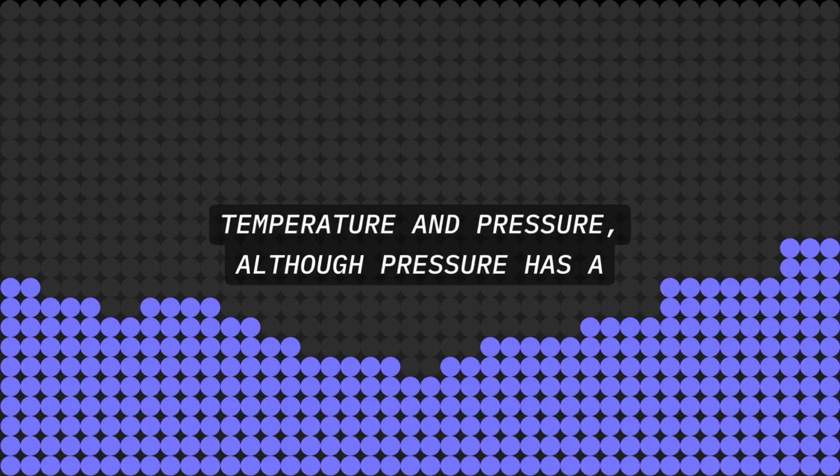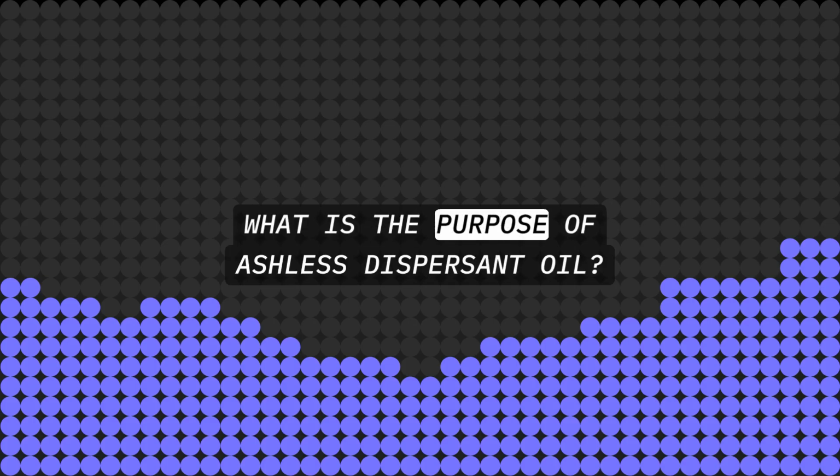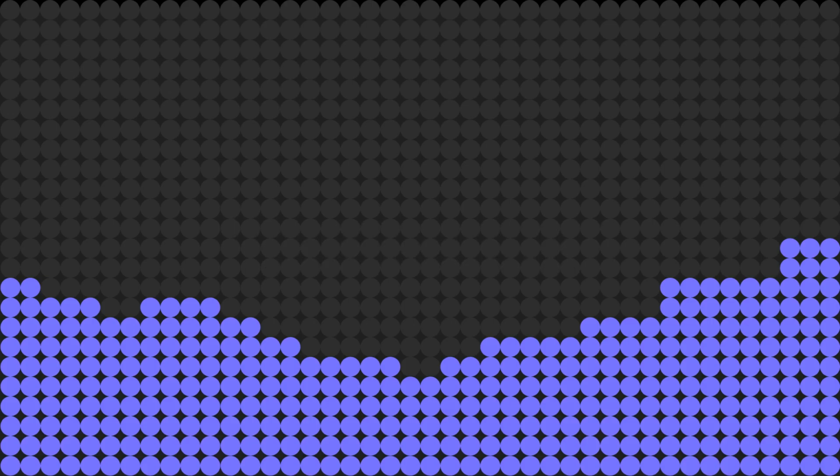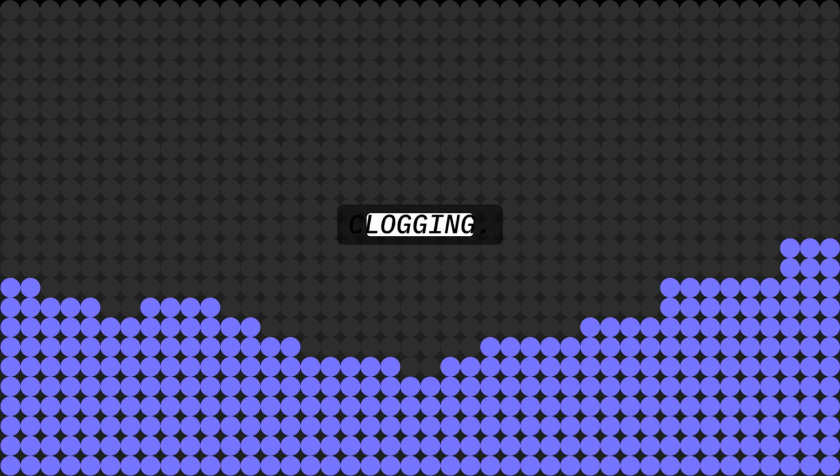Temperature and pressure, although pressure has a very small effect on viscosity. What is the purpose of ashless dispersant oil? To prevent sludge buildup and oil filters from clogging.